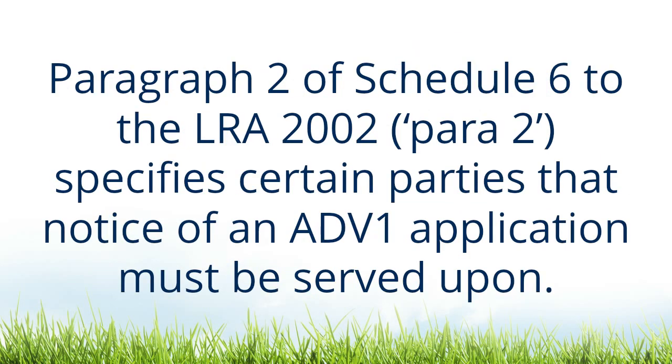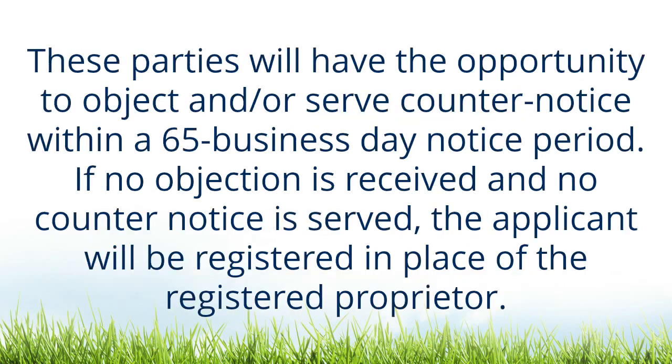Paragraph 2 of Schedule 6 to the LRA 2002 specifies certain parties that notice of an ADV1 application must be served upon. These parties will have the opportunity to object and or serve counter notice within a 65 business day notice period. If no objection is received and no counter notice is served, the applicant will be registered in place of the registered proprietor.